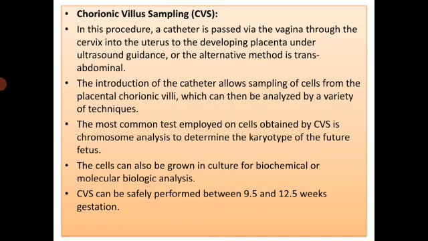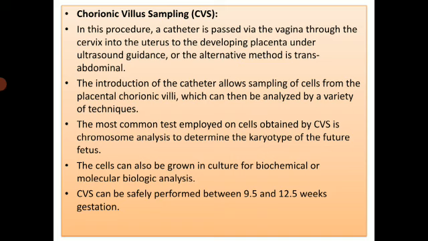The most common test employed on cells obtained by CVS is chromosome analysis to determine the karyotype of the future fetus. The cells can also be grown in culture for biochemical or molecular biology analysis.